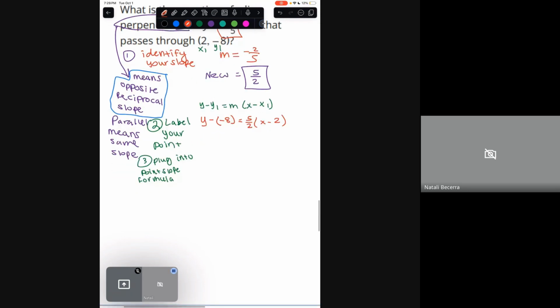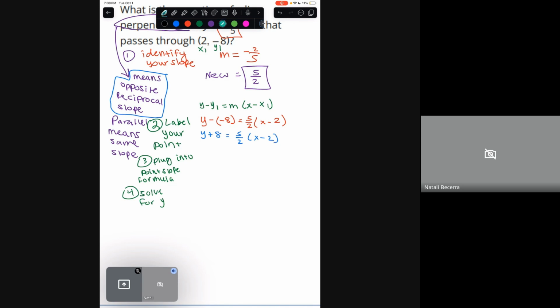And then remember, step 4 is to solve for y. You always have to take care of the parentheses first. So we're going to clean this up. Remember, whenever you see a negative and a minus next to each other, you make it positive. So this is going to become y plus 8 is equal to 5 over 2 times x minus 2.